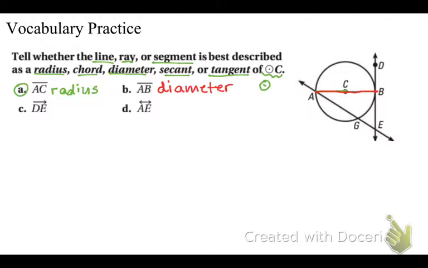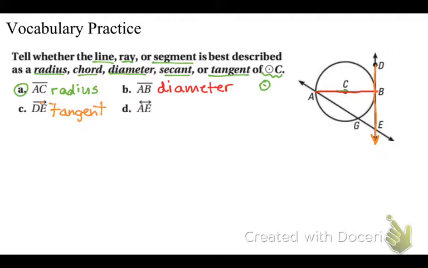And remember, the length of the diameter is 2 times the length of the radius. So hopefully you all remember that from times gone by. And DE, notice DE is a ray. So from D all the way out to E, it touches the circle in one point. So that is a tangent.